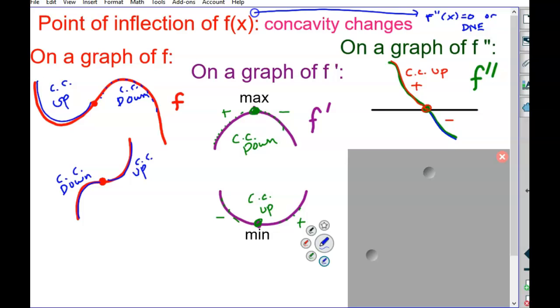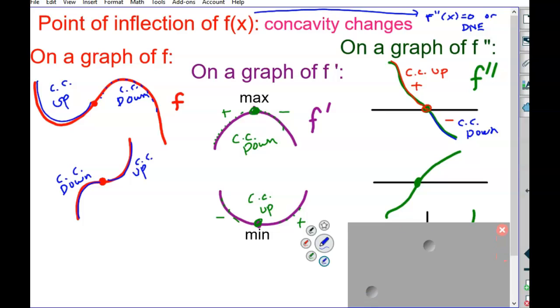And then here, you know the second derivative is negative, so it's concave down. Right. If it flipped around, oh, by the way, how would I know something about this point? This is just a point of inflection.